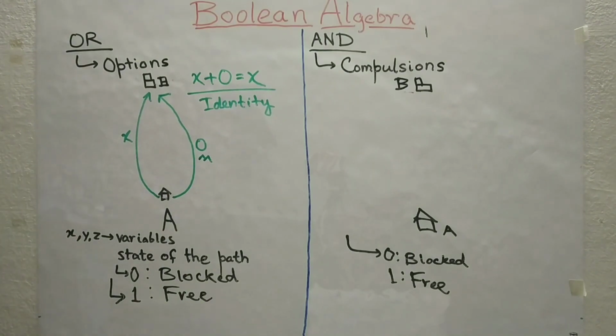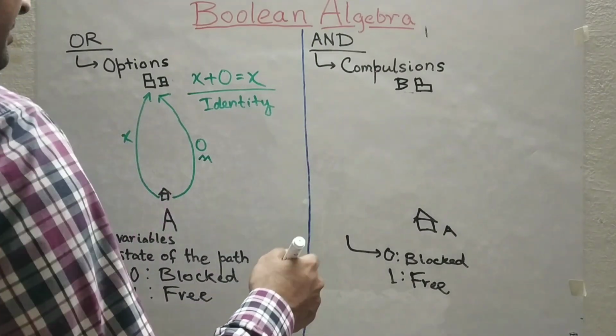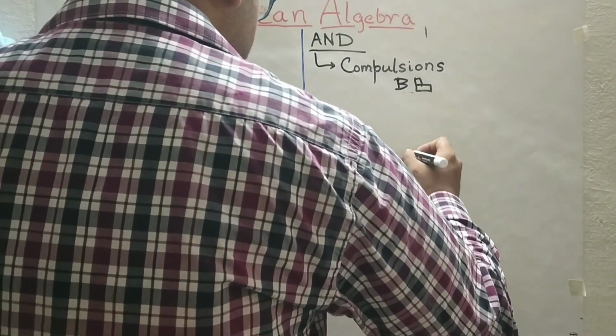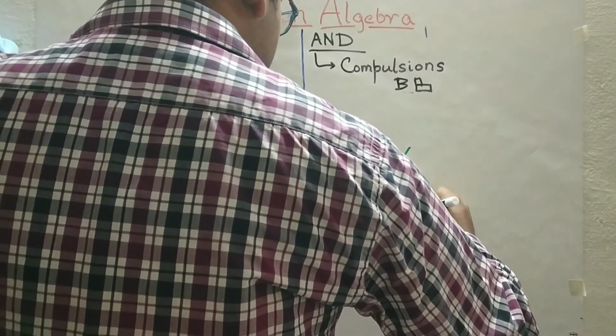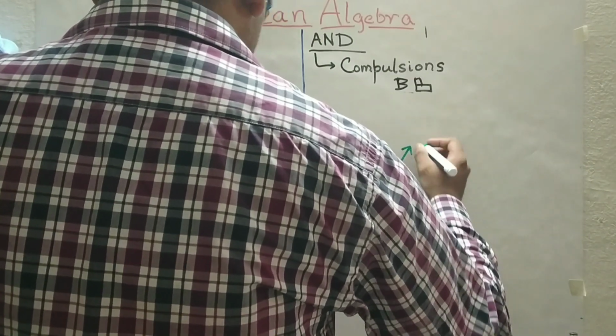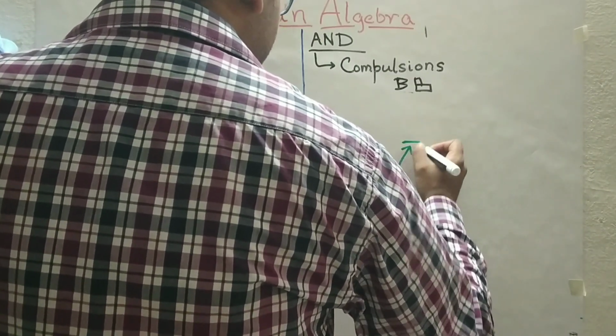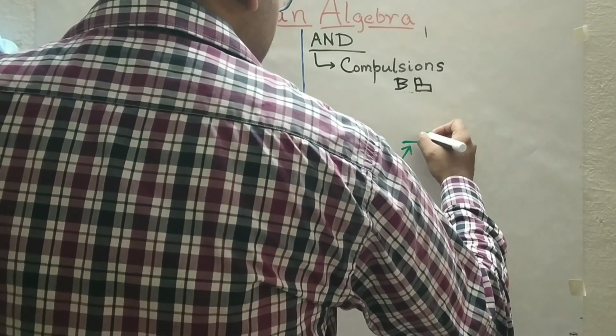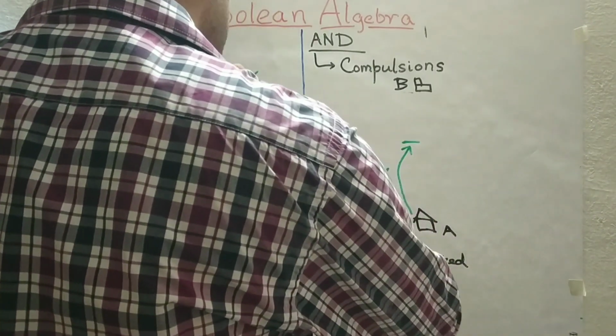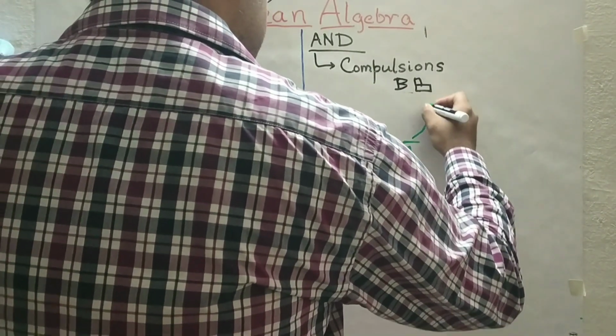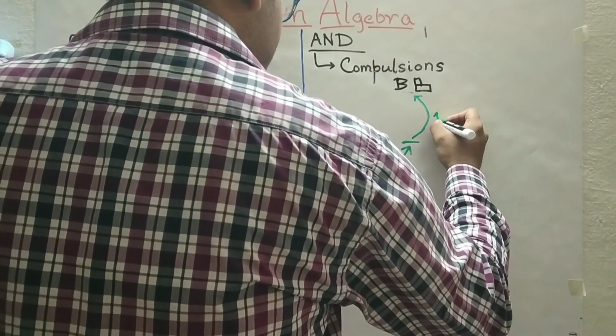So here you have two paths, X and 1. To reach this point the path is X, and then there is a free path, value is 1.